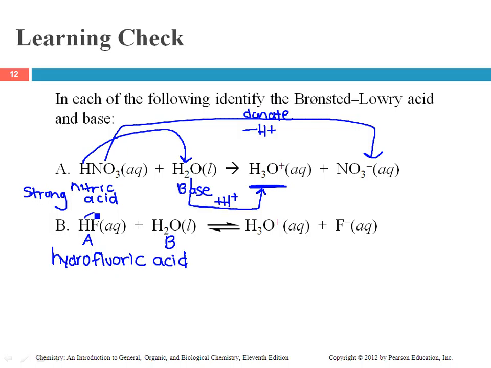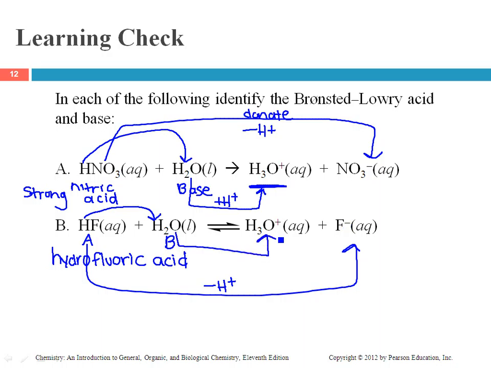So we're going to donate a proton. When we do this, we're going to lose a hydrogen ion to give us a negatively charged fluoride because we lost positive charge, and our water now gains a proton and becomes hydronium.